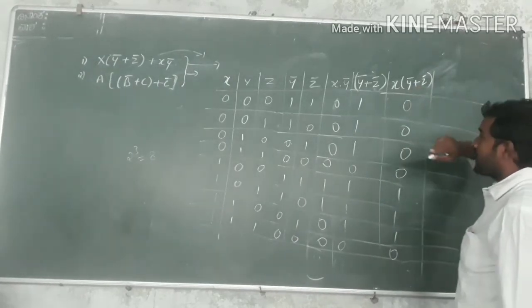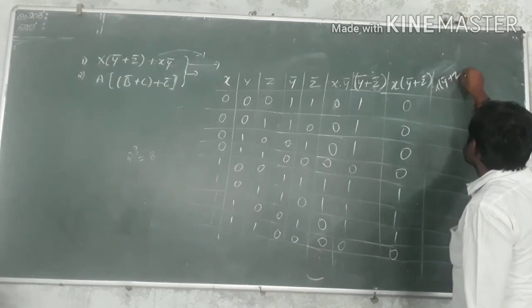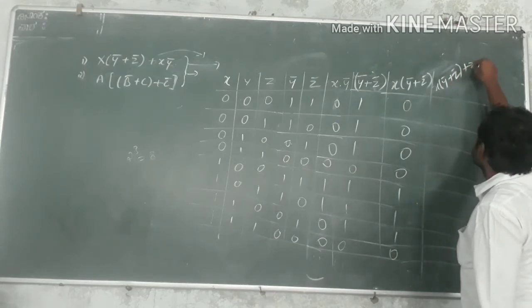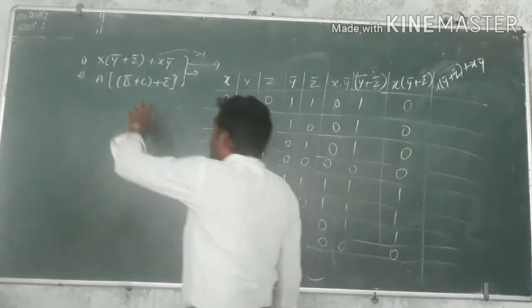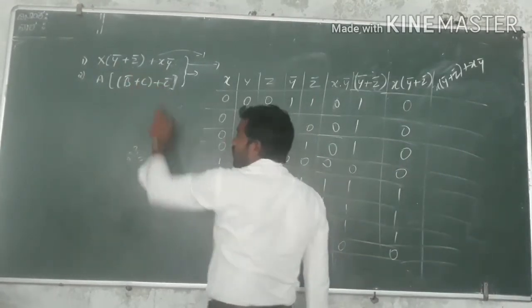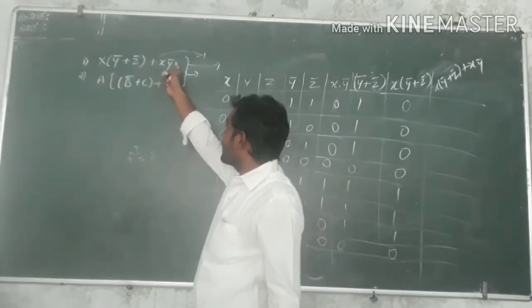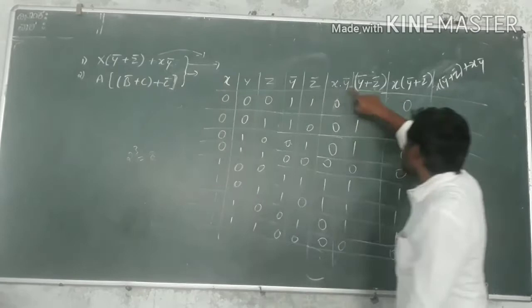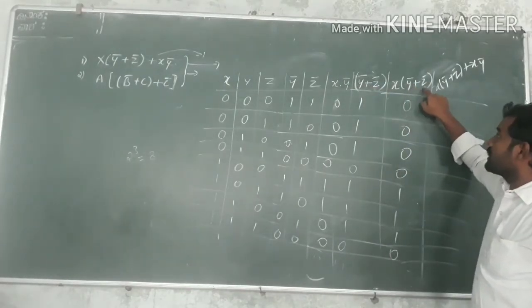Next whole term we have here, x y complement plus z complement plus xy complement. This is the way of calculating the whole equation. Now we need to find out the whole equation. We already expanded the equation separately: xy complement, y complement plus z complement, and x into y complement plus z complement.